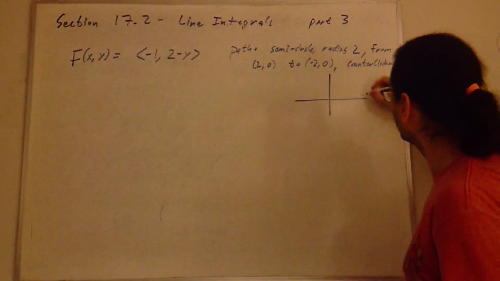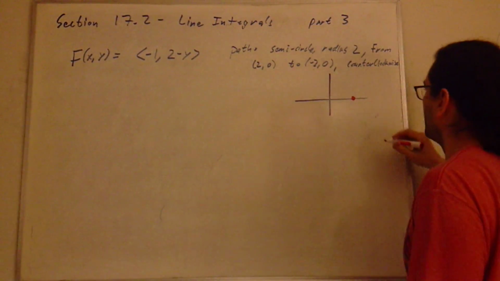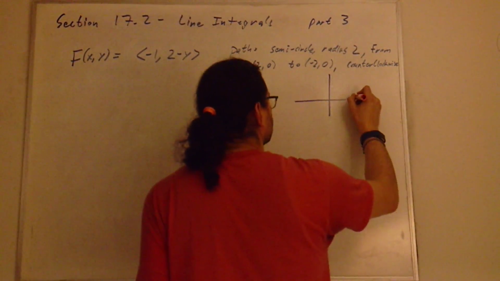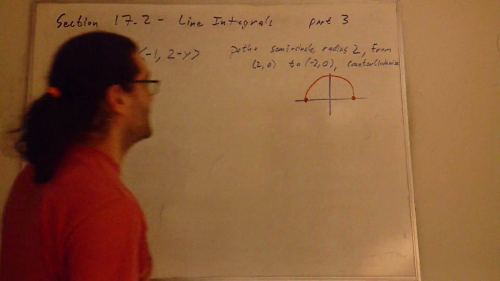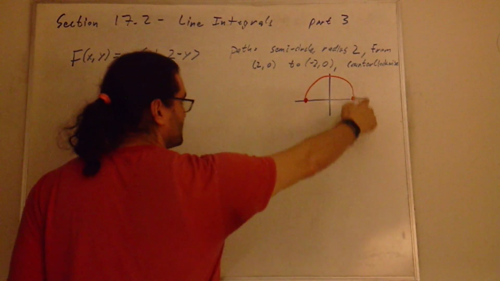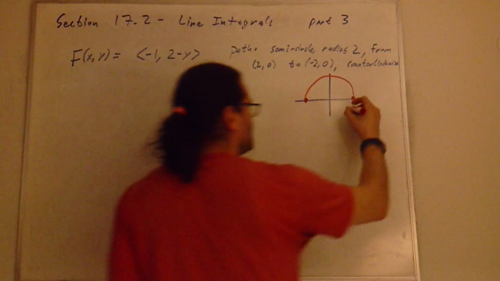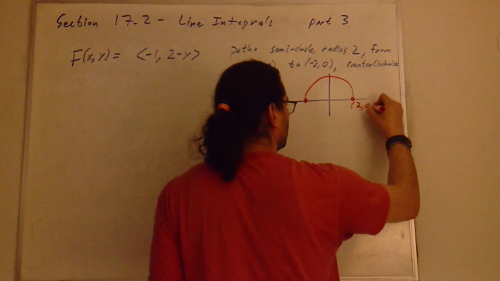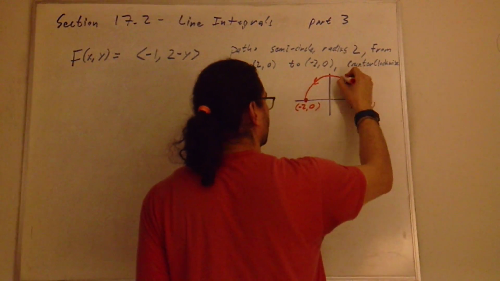That seems to work well. We want it to start at 2, 0 on the x-axis, and we want it to go counterclockwise around to negative 2, 0 on the x-axis. This is my semicircle. It's going to go halfway around from 2, 0 to negative 2, 0. We're going this way.